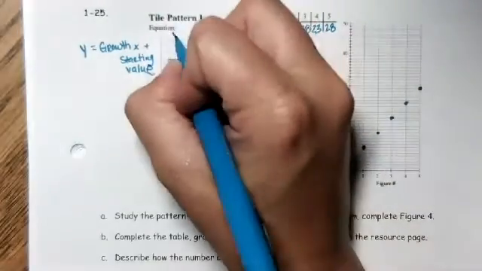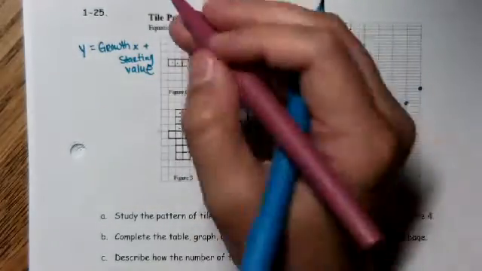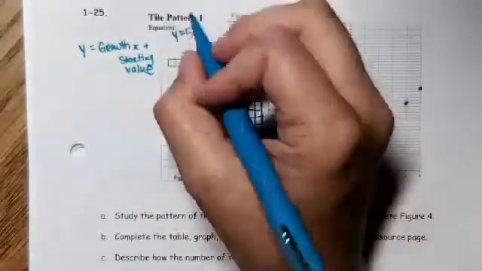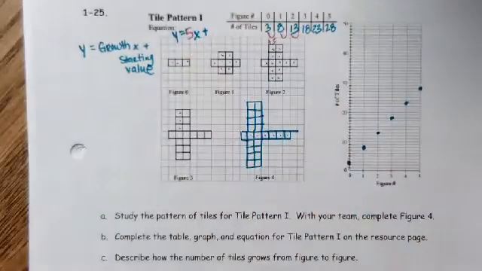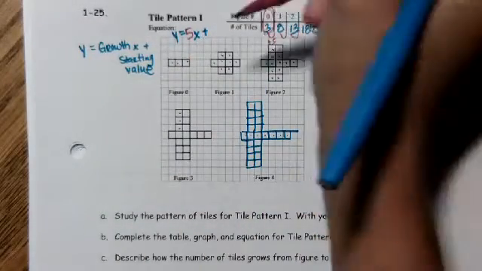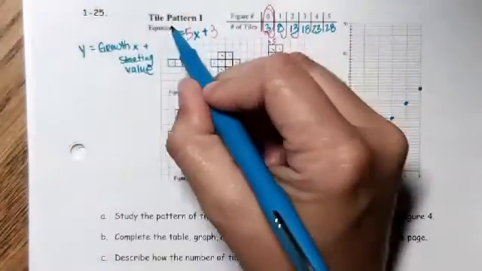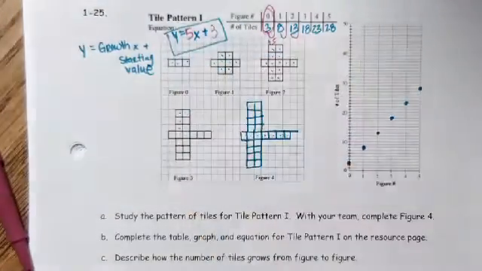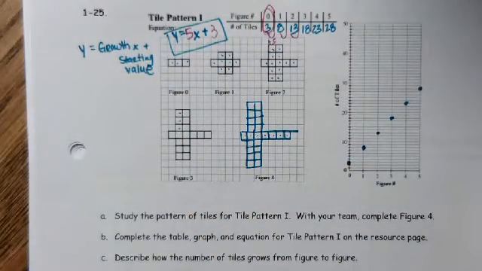So we'll have y equals 5x plus, and your starting value is whatever figure 0 is. So that's going to be plus 3. So y equals 5x plus 3 is going to be the equation. Now, we've done that so many times in QR, so you guys should have had that down, no problem.